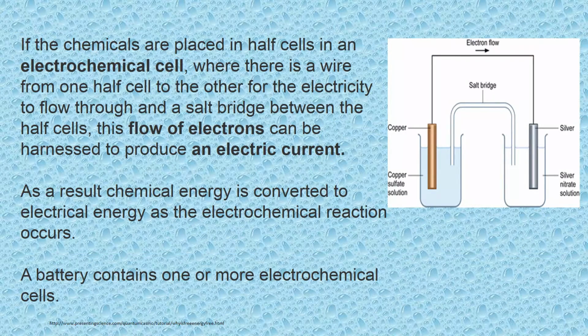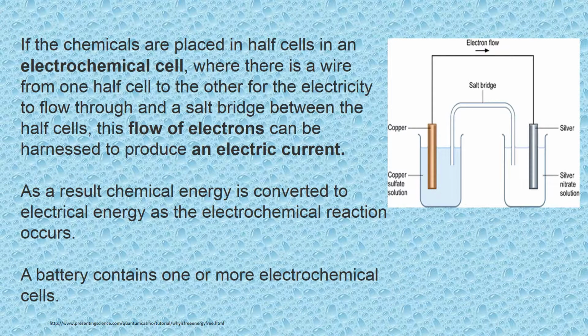So let's see how that's done. Before you look at all of this text, let's look at this picture here. This diagram is made up of 2 beakers. The beaker on the left has a copper strip placed inside a solution of copper sulfate. The beaker on the right has silver placed in a solution of silver nitrate. So the reaction that's going to happen here is exactly what happened in the previous slide, which was copper reacting with silver nitrate.